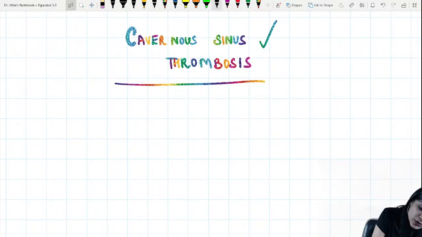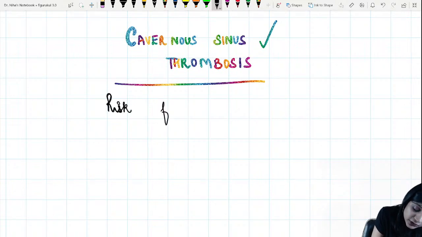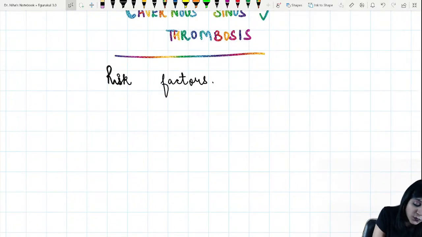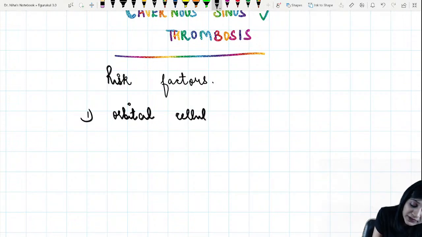If you look at the risk factors, what are the risk factors of cavernous sinus thrombosis? One is orbital cellulitis itself. If a child has orbital cellulitis, then this child may go into cavernous sinus thrombosis.